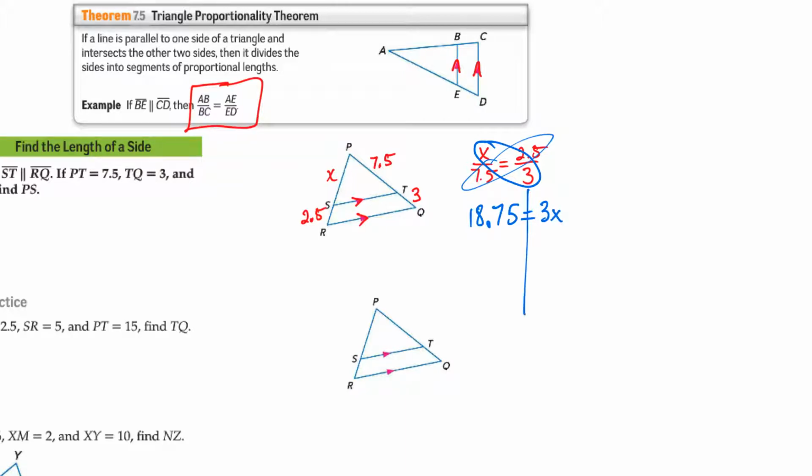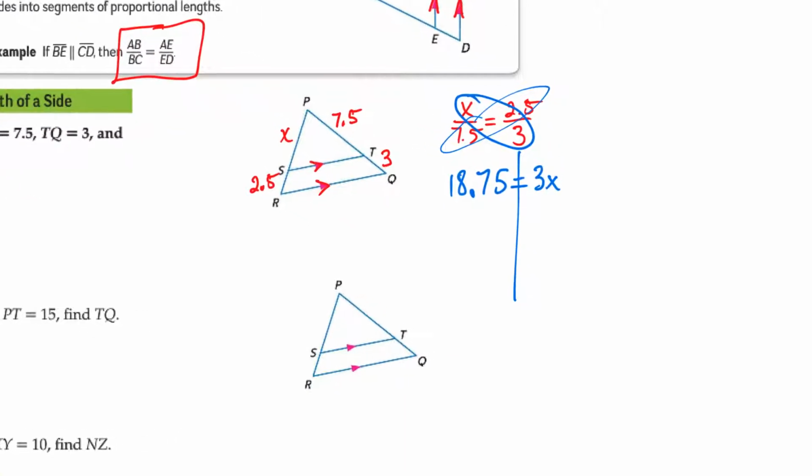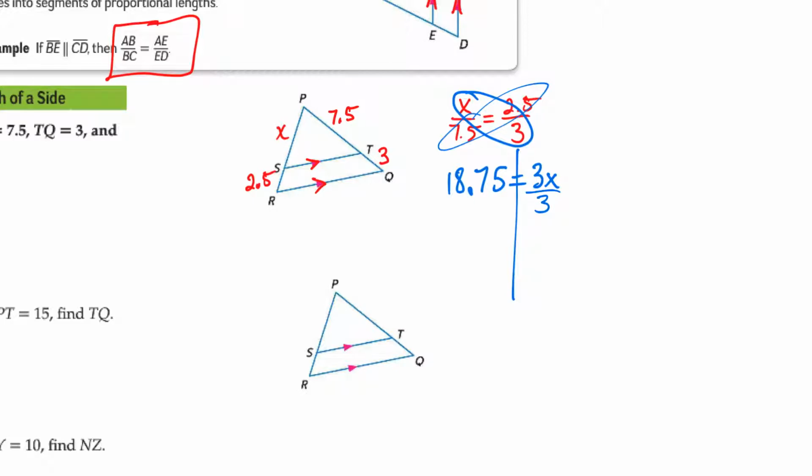X times 3 is 3x. Divide both sides by 3, and x is 6.25.